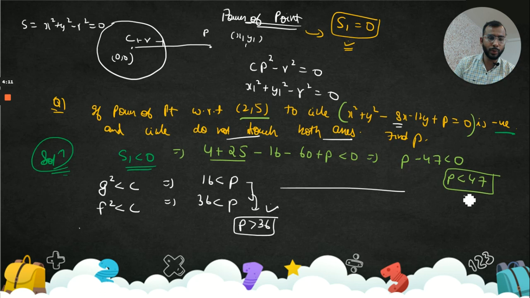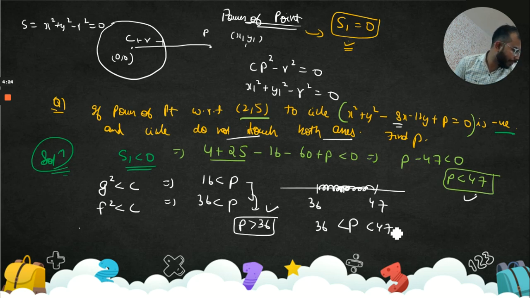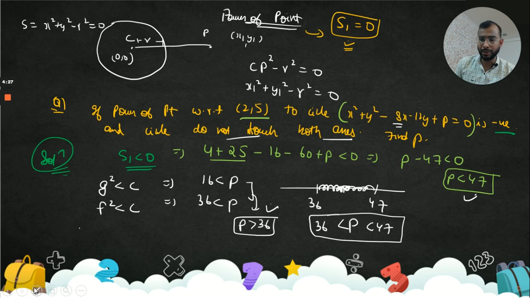Combining with the other condition, p is greater than 36 and less than 47. That's our answer. They can even ask you for integers between this and that. Average question.